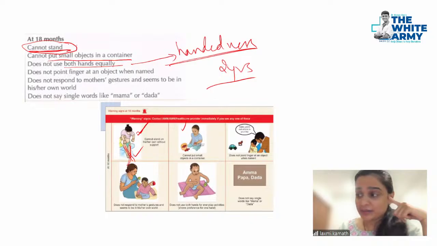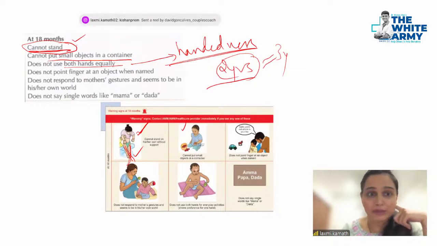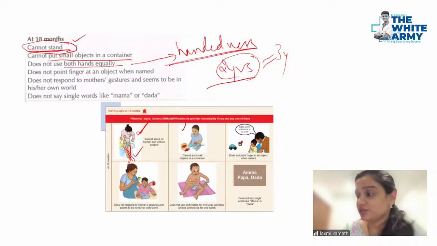So generally by 2 years, and sometimes you even can relax this up to 3 years, is called as normal. But if any child is using one hand predominantly by 18 months of age, that means the opposite side is probably weak. Probably you are dealing with a child with hemiplegia. So that is what it tells. Okay, so this is your does not use both hands equally being a red flag sign at 18 months of age.